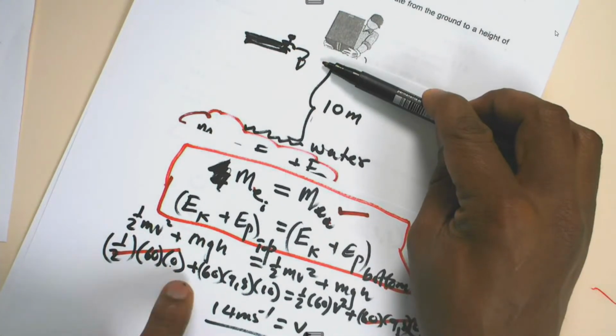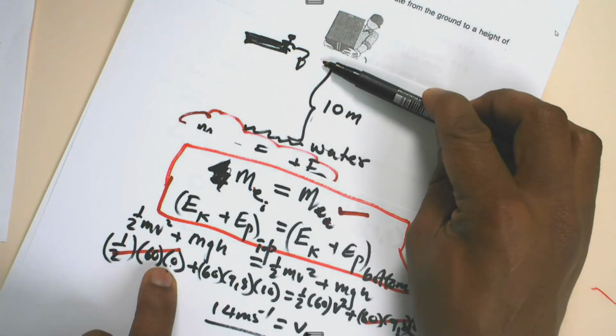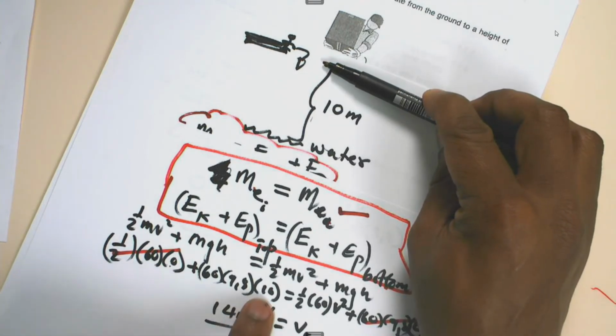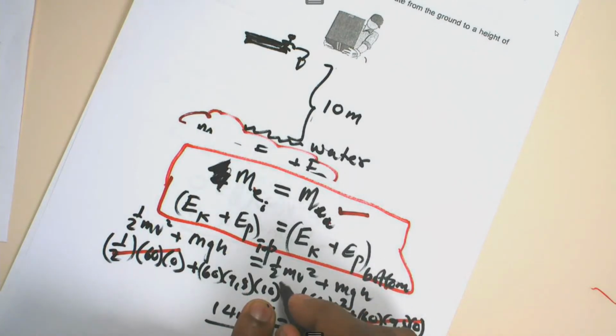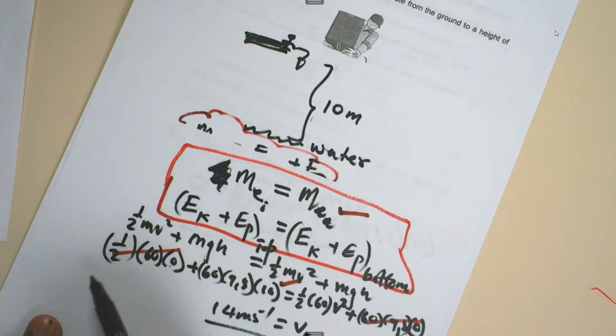The height that corresponds to that 0 is 10. Then we will be able to give you another 1 mark for the substitution here.